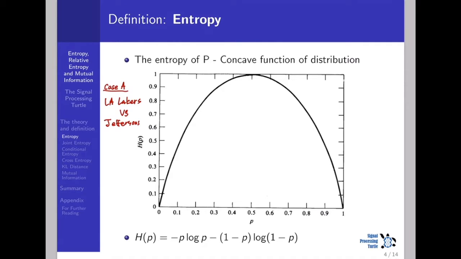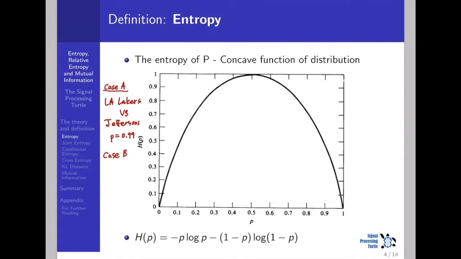So what will be the outcome of this match? I guess the LA Lakers are gonna win this match. So I'll say the probability is 0.99, the probability of the LA Lakers winning the game.